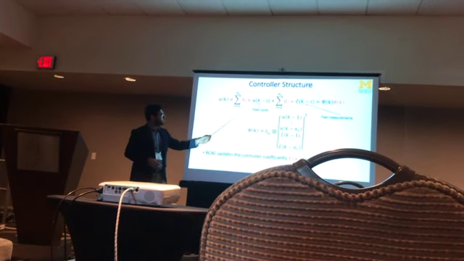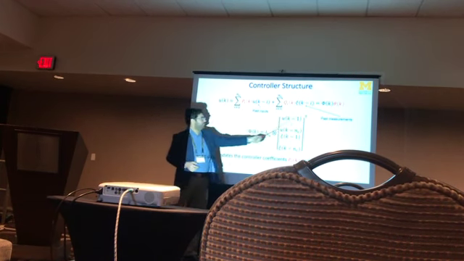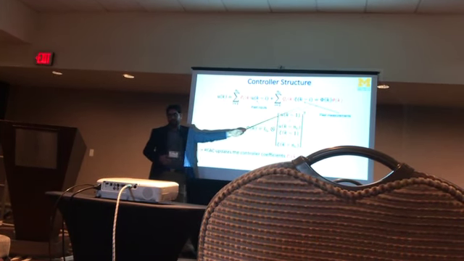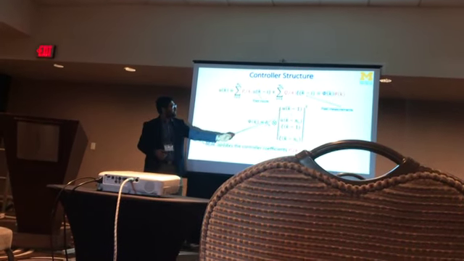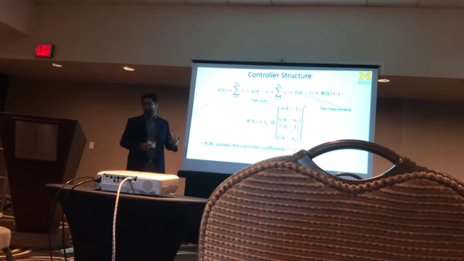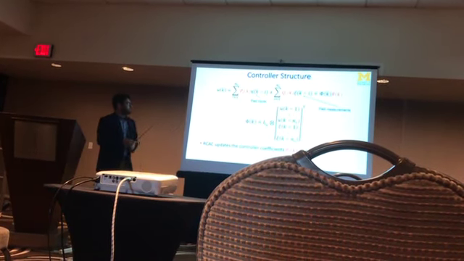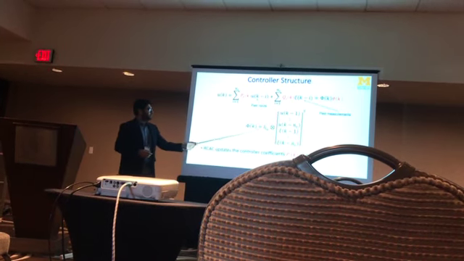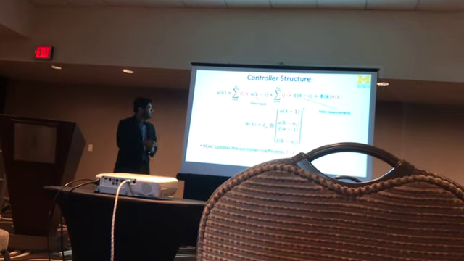All of these things are measured. Now this time series model I can write as phi times theta, where phi, the regressor matrix, contains all the past values of the measurements and inputs, and theta contains all the coefficients that I'm going to optimize to give me this controller. This is just a little bit of algebra of how to construct phi using the past data.